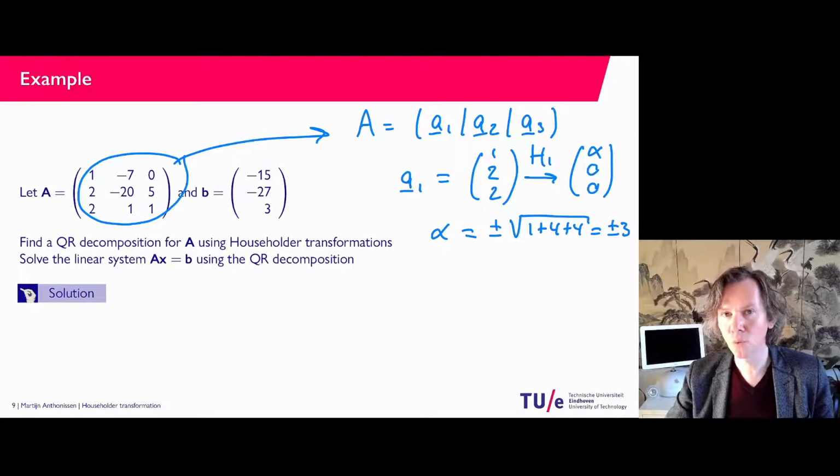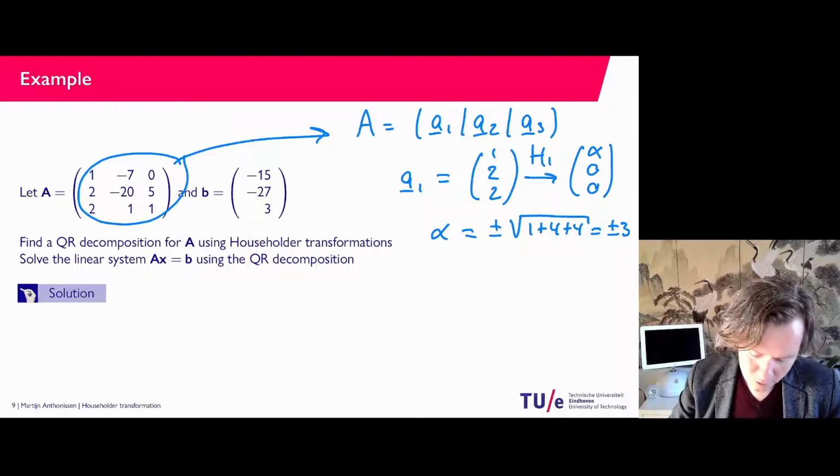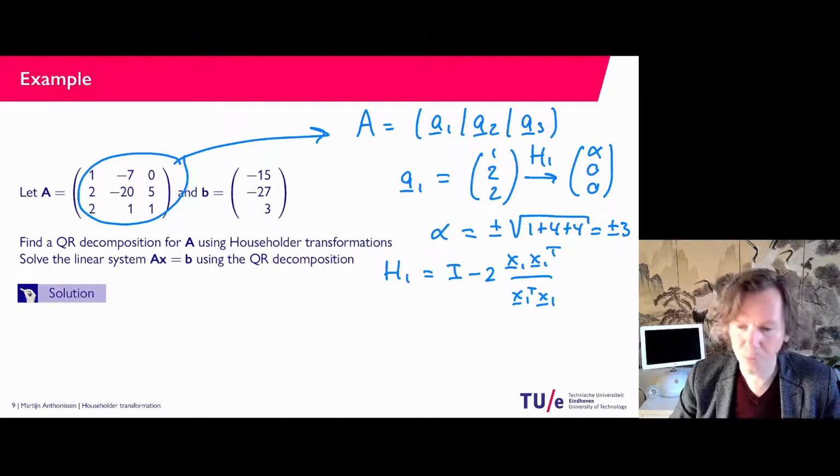To get this to work, I need the Householder transformation H1, which is the identity matrix minus 2 x1 x1 transpose over x1 transpose x1.